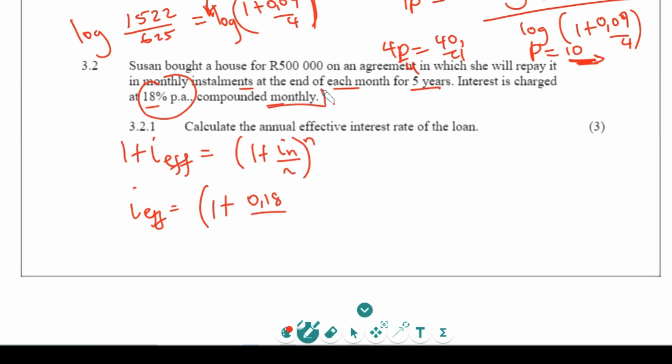We are compounding it monthly, so we divide that by 12. This n will be 12, and then I subtract a 1. Punching that into the calculator and subtracting the 1, I'm getting 0.19561, and so on.